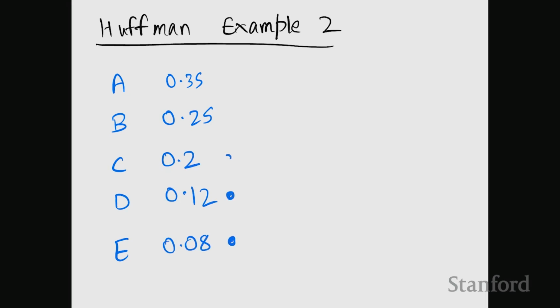So initially we have 5 nodes in the tree: A, B, C, D, E. Okay. Somebody, which are the first 2 nodes we merge? And what is the probability of the merged node?